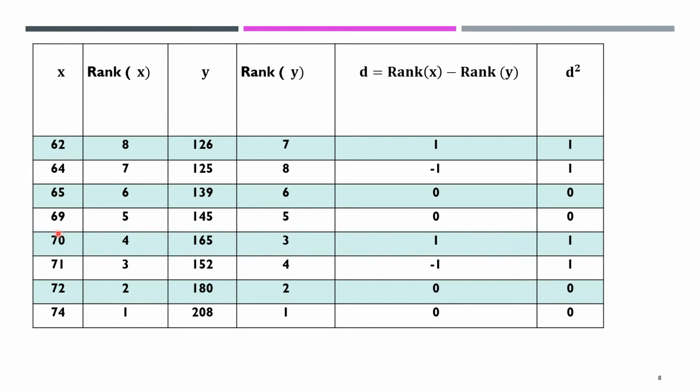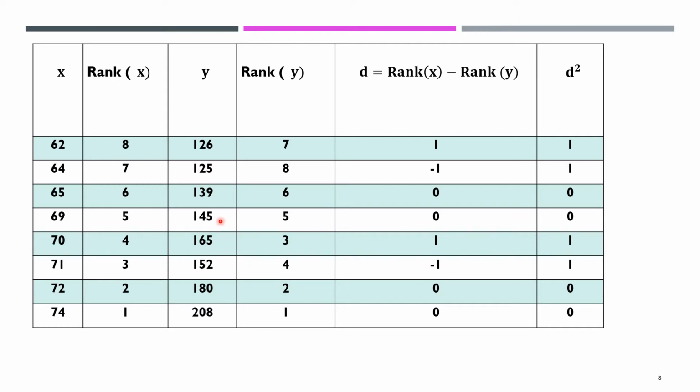Again, no numbers are repeated over here. Similarly, in the Y column, the highest number is 208, given rank 1. The next highest is 180, rank 2. After 180, the next number is 165, rank 3. After 165, we have 152, that is 4.